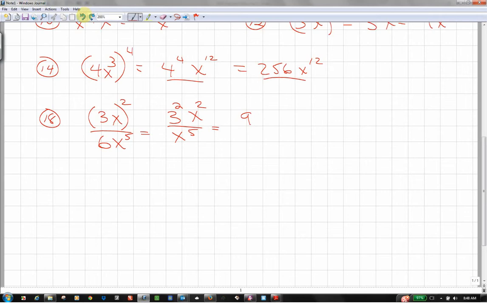I have a larger exponent on the denominator, so that's going to be, I left the 6 off. There we go. So that's going to be 9 all over 6x cubed. And then we can simplify the fraction. So that would be 3 all over 2x cubed.